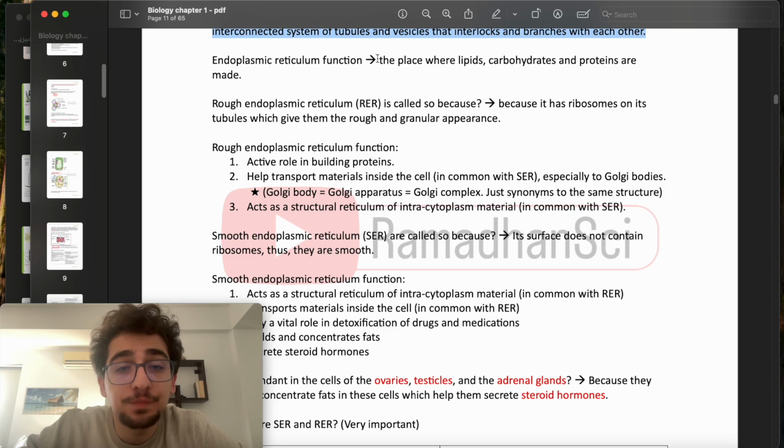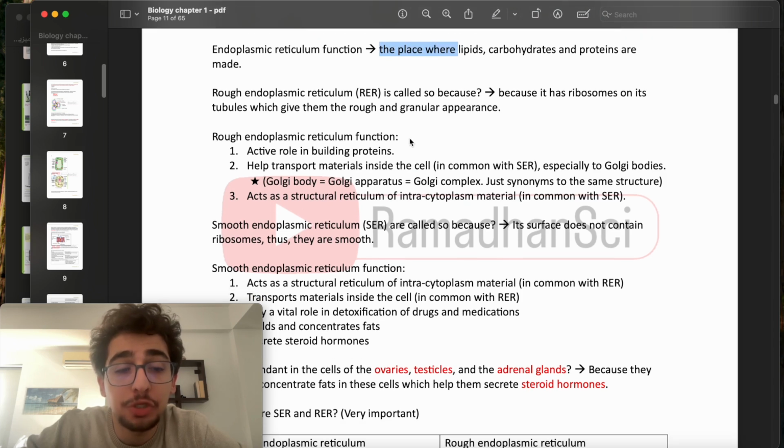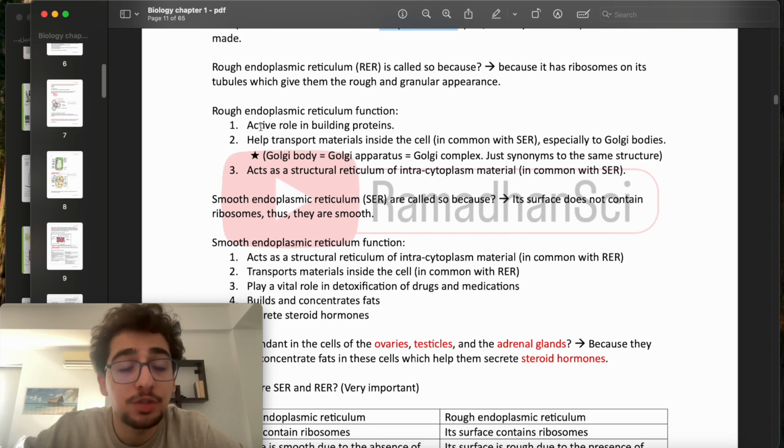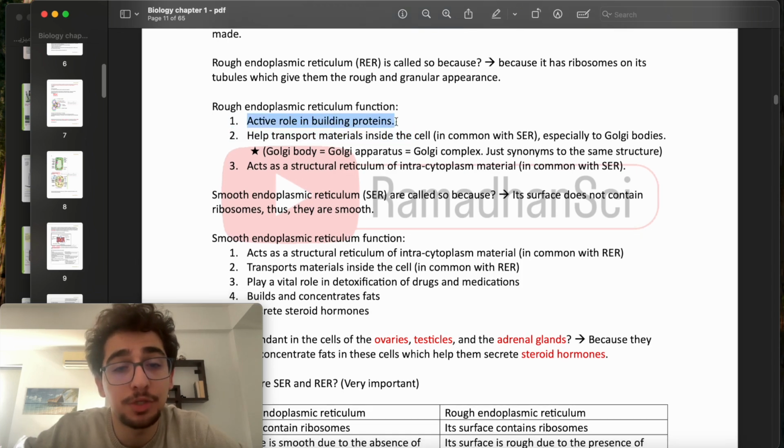The function of it, it's basically the place where lipids, carbohydrates, and proteins are made. For example, in rough endoplasmic reticulum, as we said, why is it called rough? Because of the presence of the ribosomes, which give it a rough and granular appearance. The function of rough endoplasmic reticulum is an active role in building proteins.